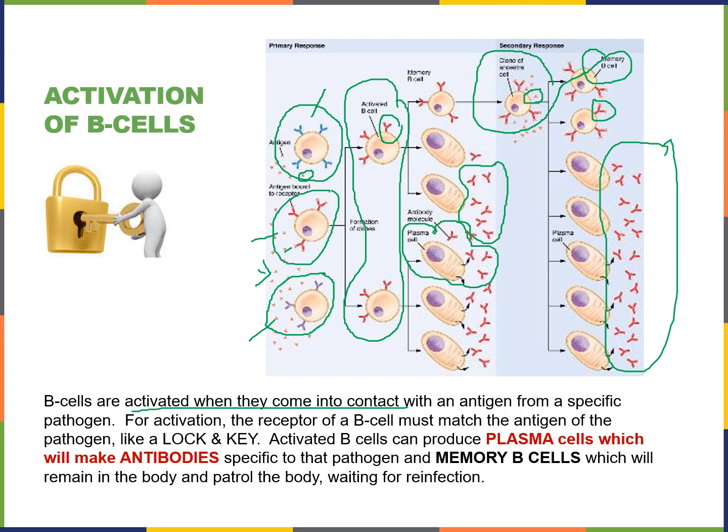So this is the principle upon which vaccination is based. It is very difficult to get a T cell response to a vaccine, but it is much easier if the vaccine is well made to get a B cell response and to get lots of antibodies produced. So when you get the vaccine, this is the response here, the primary response, because that's the first time your B cells will be seeing the antigen.